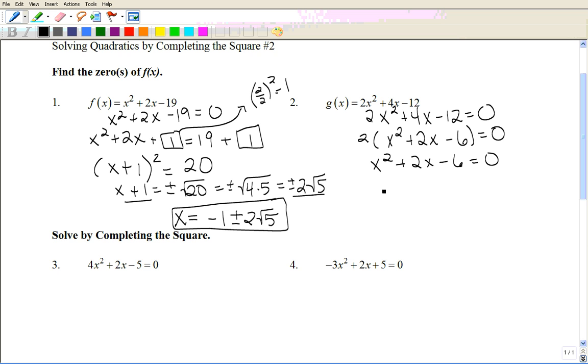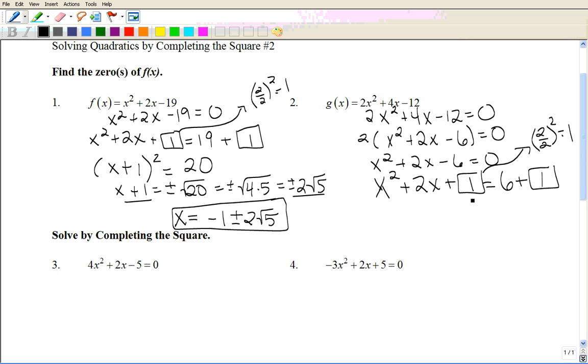Now I'm going to move that constant term over, and it's just like we've done before. So I'm going to add the 6 to both sides, fill in with the boxes. So here I've got b over 2, so here b is 2, so 2 divided by 2 squared, again that's 1.